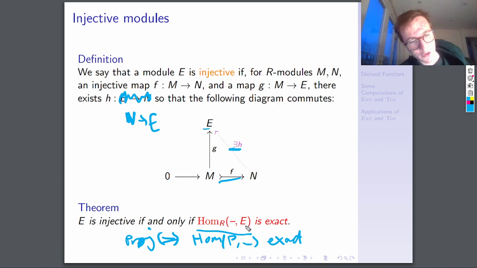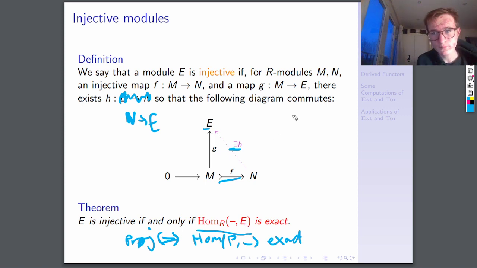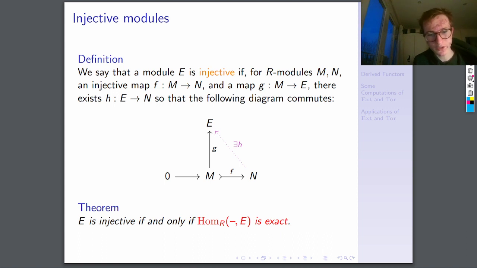So there is a sort of duality between injective and projective modules. That's another property that will be useful to us.